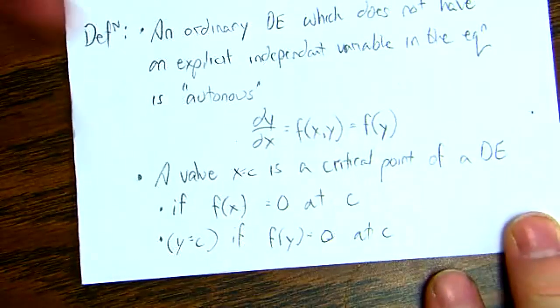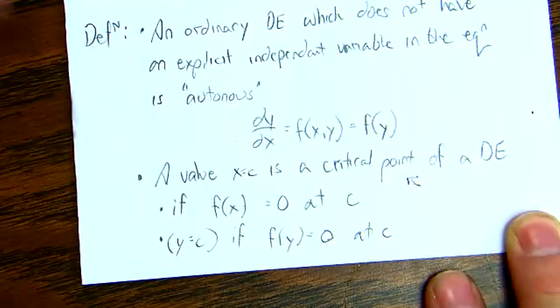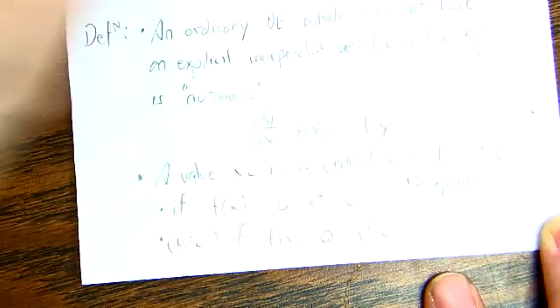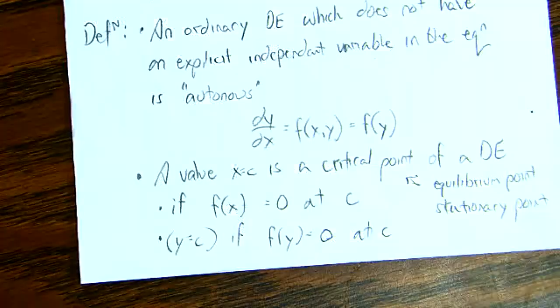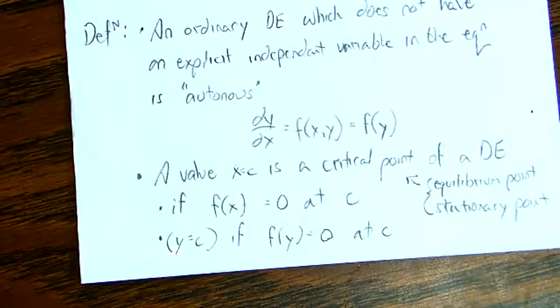This is also called an equilibrium point. And it's also called a stationary point at this stage. So these are terms you might hear used interchangeably with a critical point.